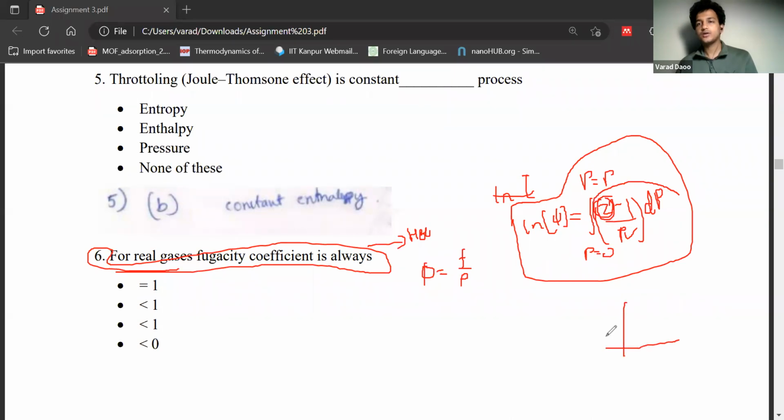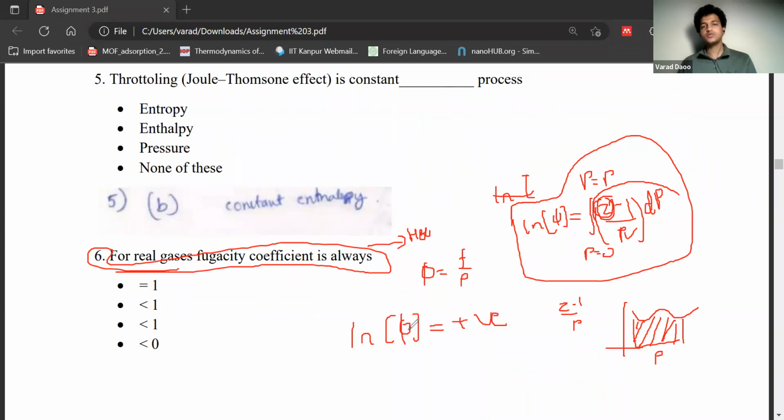If you plot (z minus 1) by p versus p, whatever graph you get, it's an area under the curve. So can the area under the curve be negative? We have to think along those lines. And if the area under the curve cannot be negative, then ln of pi is going to be some positive number.